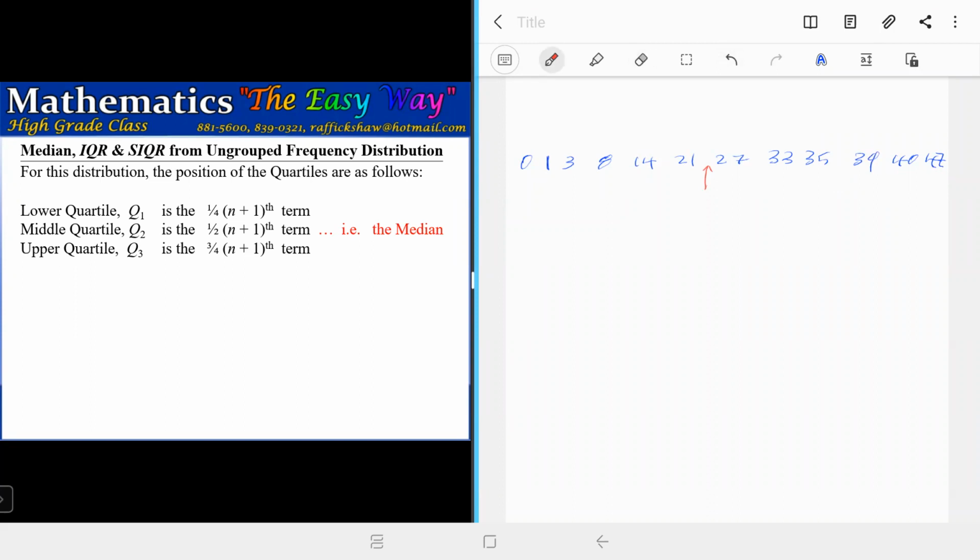And the one in between there is Q1, which is 21 plus 27 over 2, which then is 24.